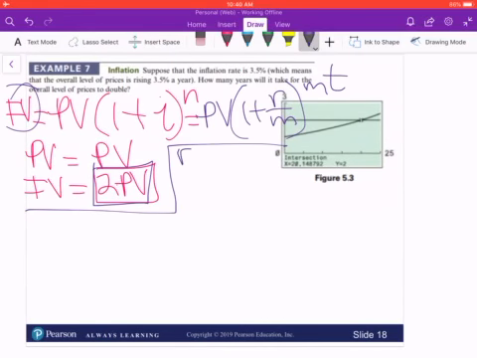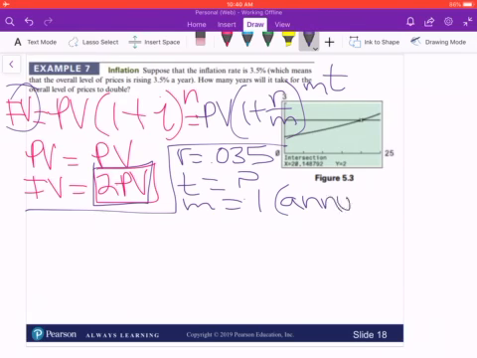So for R, of course, we will use 0.035. And the question is how many years, so T will be the question. And we are going to consider the number of compounding periods just to be 1 because it will be assumed to be annually.